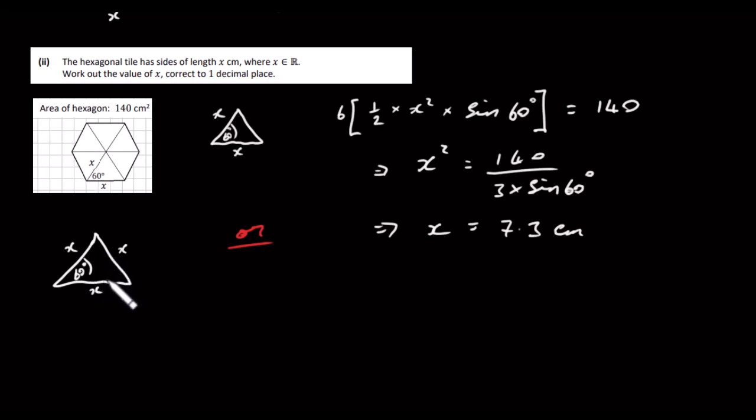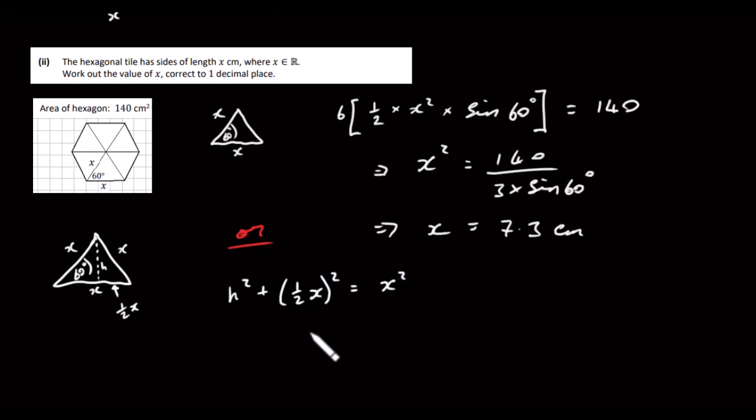You'd need to find this distance here first. Out as far as here is going to be half x, or x over 2. So you would do h squared plus half x squared is equal to x squared.